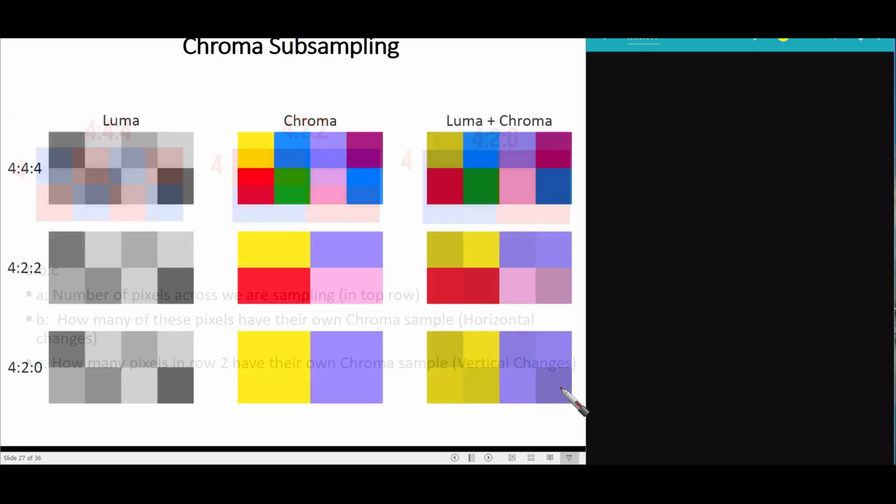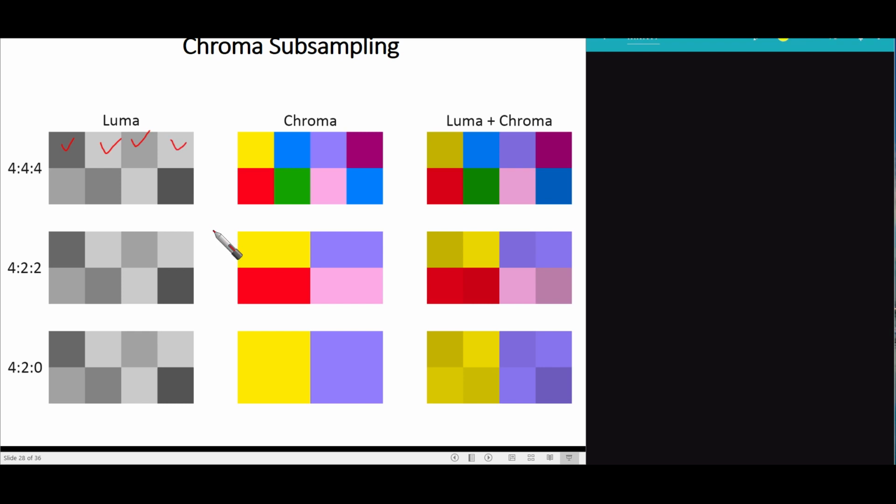Okay, now let's say in our original image, the first pixel brightness level is this one, the second pixel brightness level is this one, the third pixel's brightness level is this one, and the fourth pixel brightness level is this one.